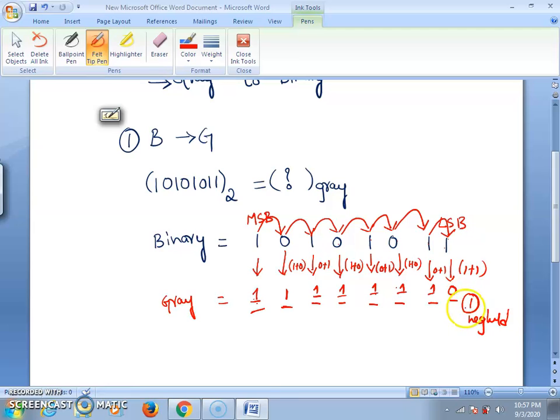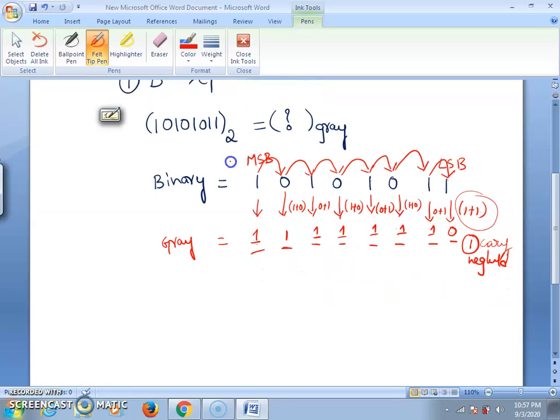Only the sum is considered. That is this last case, 1 plus 1 is equal to 0 carry of 1, where the carry is neglected. So this is the procedure to convert binary to gray.